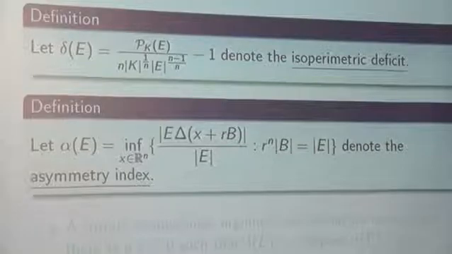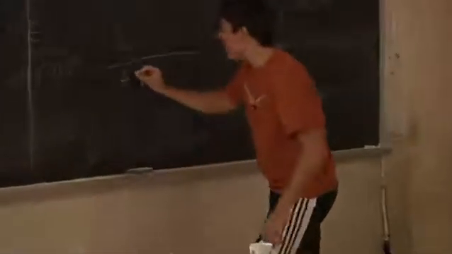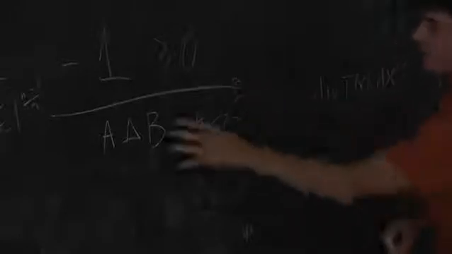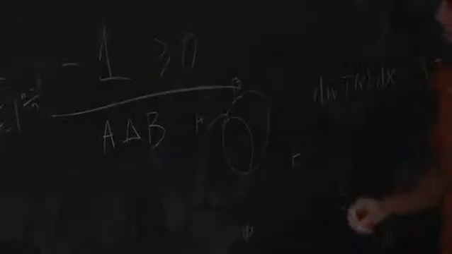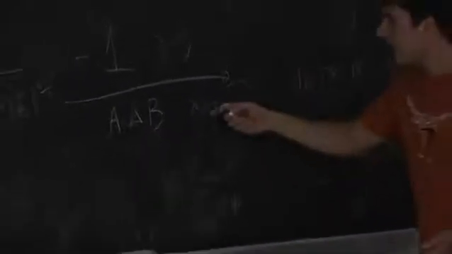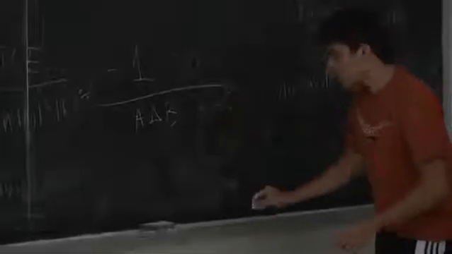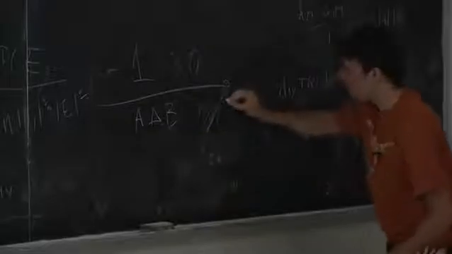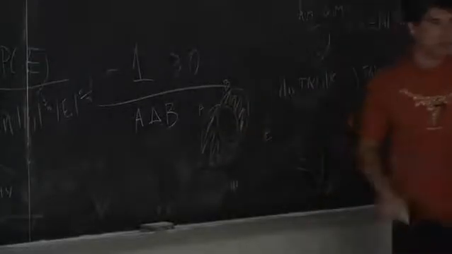So, just to fix notation, A symmetric difference B. You have two sets A and B. The symmetric difference is a set, and it's everything outside of the intersection. In the picture here, it's yellow.